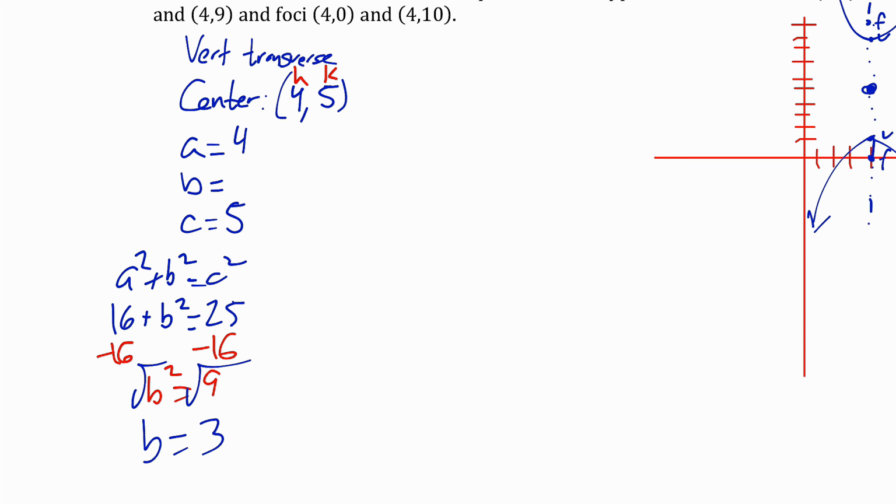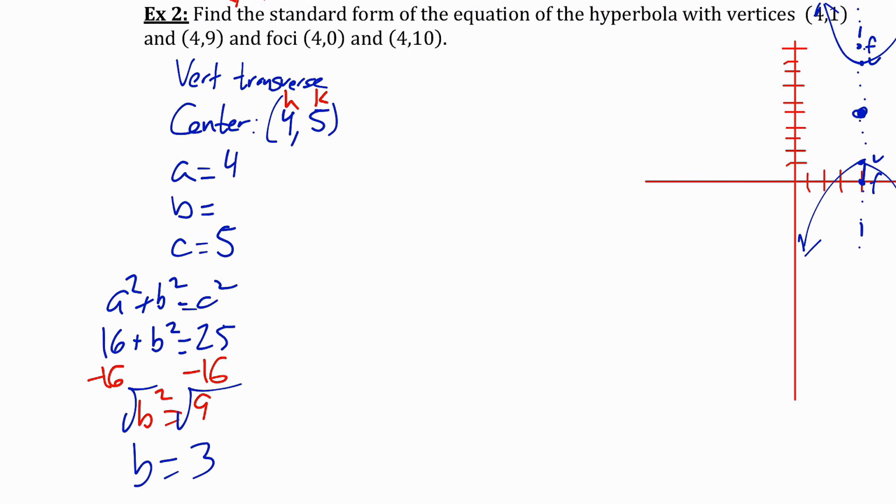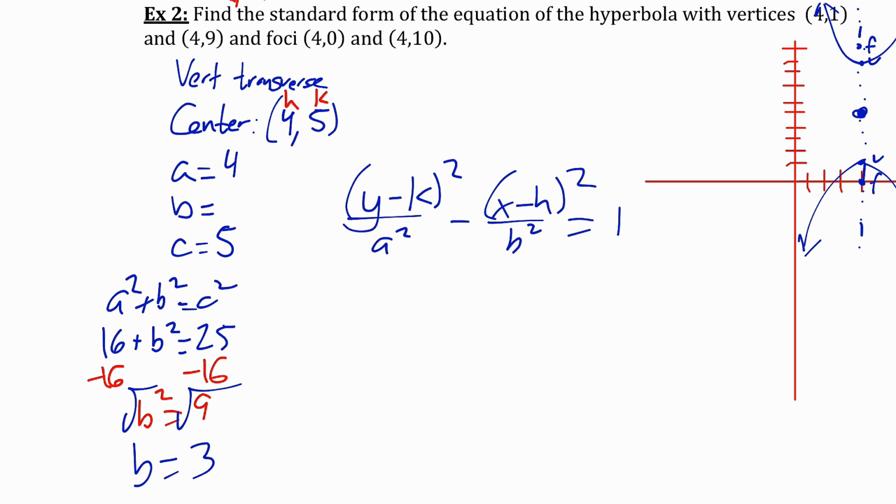Now we've got enough information to plug this into our general equation. Again, we're using a vertical transverse axis, so we have y minus k squared over a squared minus x minus h squared over b squared equals 1. Plugging in what we know, I'm just going to skip over a little bit here. We got y minus, our k value is 5.